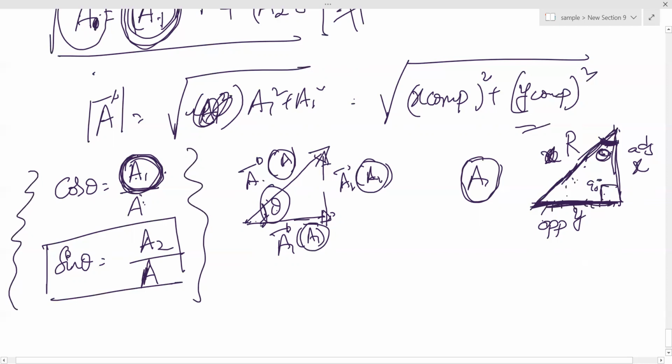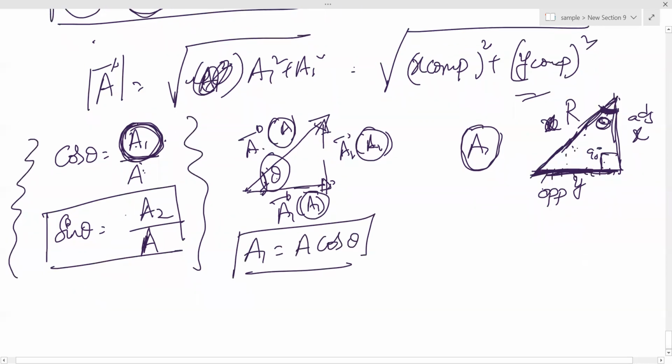Cos theta is A1 by A. So can I write A1 as A cos theta? Yes, sir. What is sin theta from the diagram? Sin theta is A2 by A. So can I write A2 is equal to A sin theta?